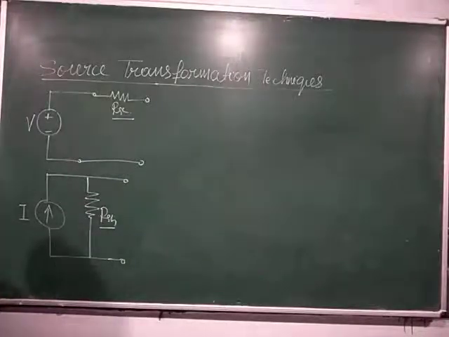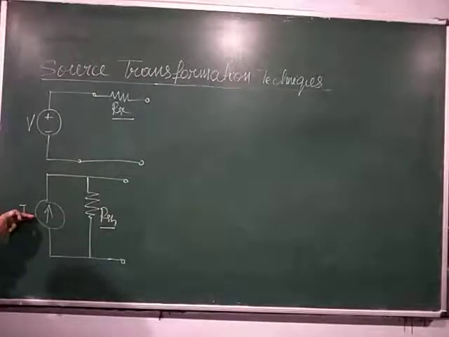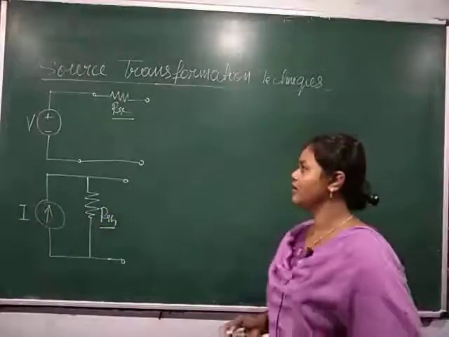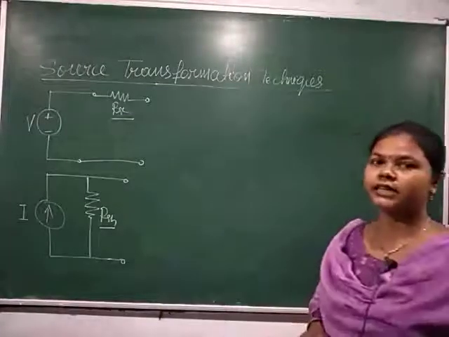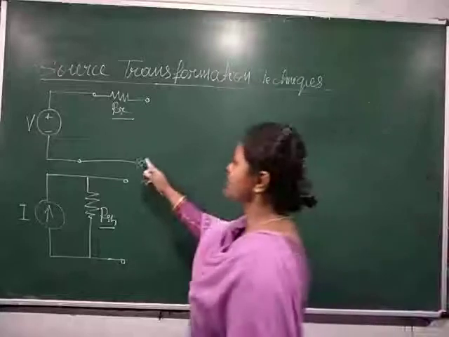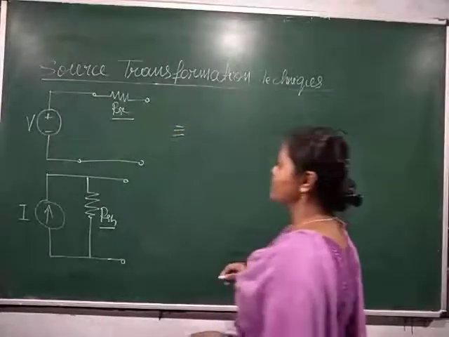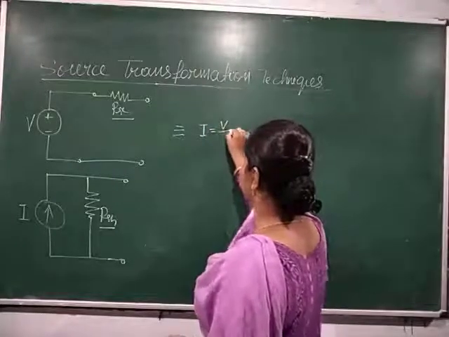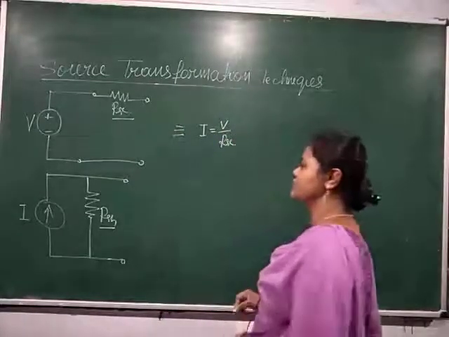If you want to convert this voltage source into current source and vice versa, then what is the technique? Let us see how to convert this voltage source into current source and vice versa. If the voltage source is given, using Ohm's law you find the value of current, that is V by the internal resistance of the voltage source.